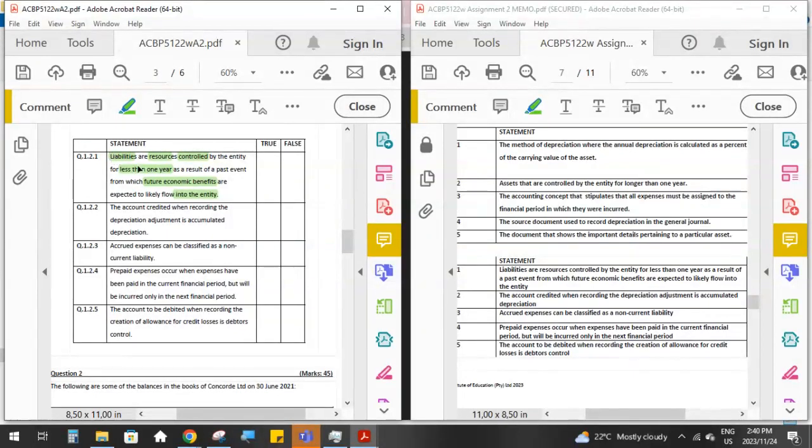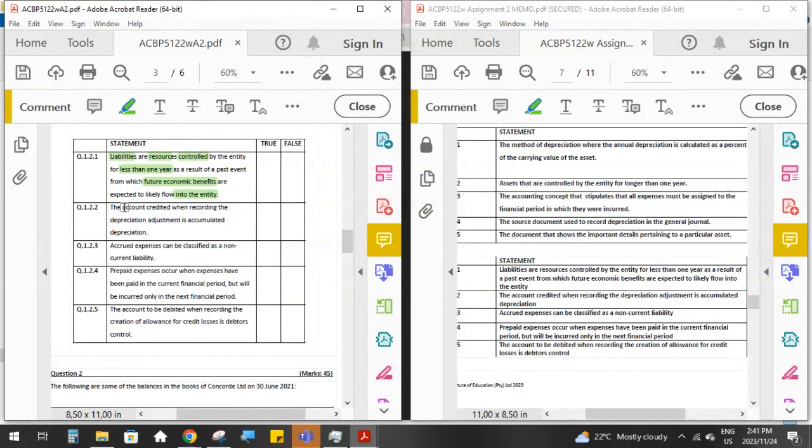And this less than 1 year, it would depend on whether we're talking about a current asset or a non-current asset. If it's a resource controlled by the entity for less than 1 year, it will be a current asset, a result of a past event from which future economic benefits are expected to flow. Okay, so this statement is false.